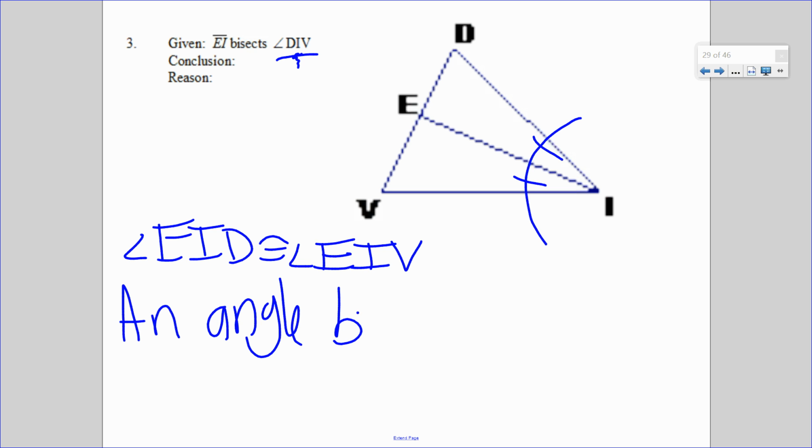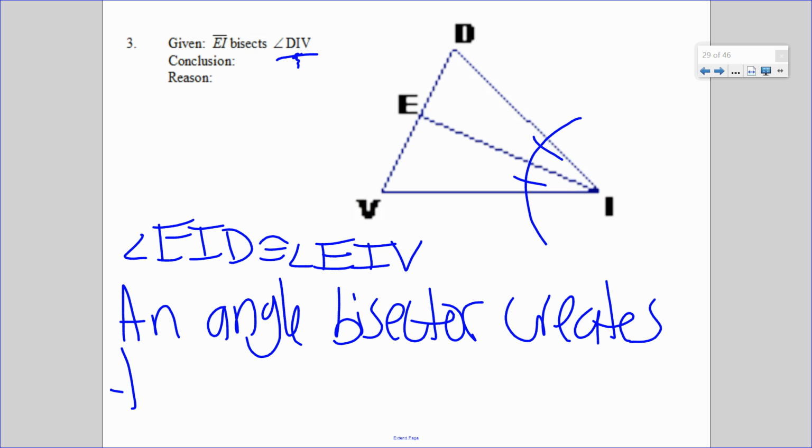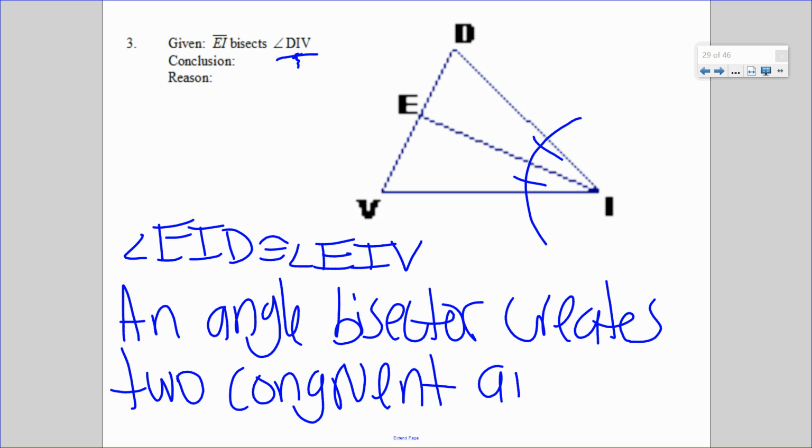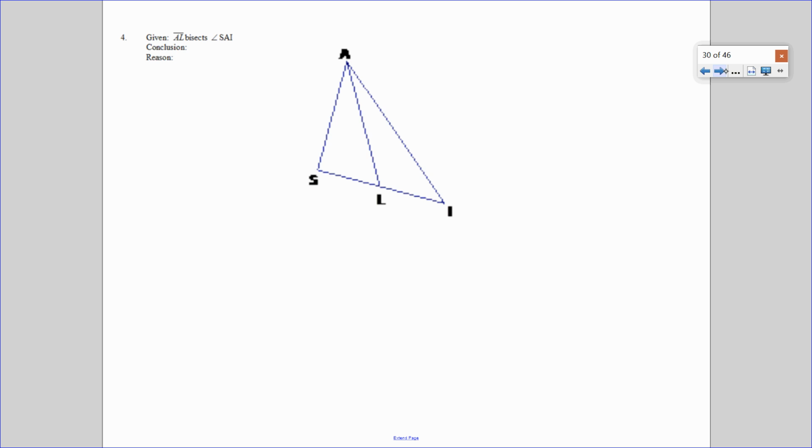an angle bisector creates two congruent angles. That's it. There's just one more I want to go over with you.